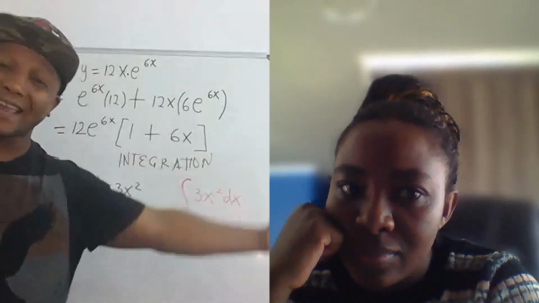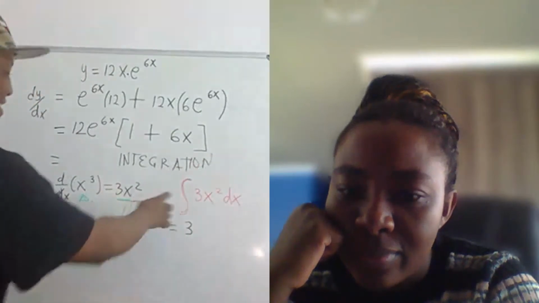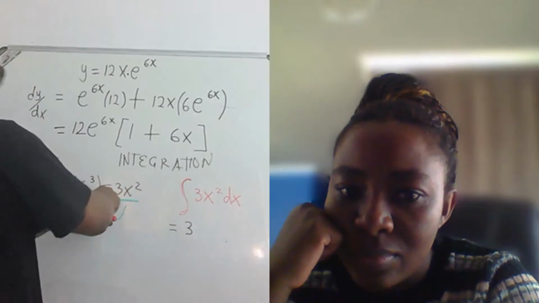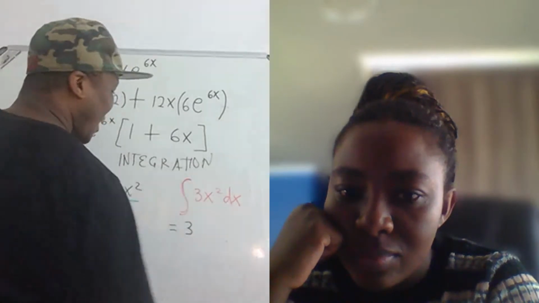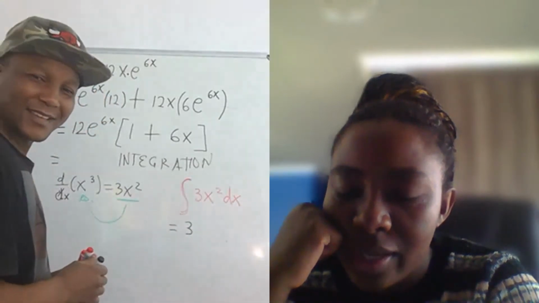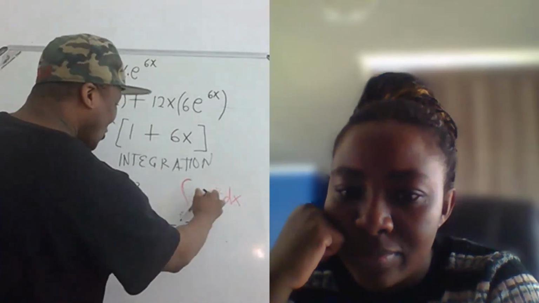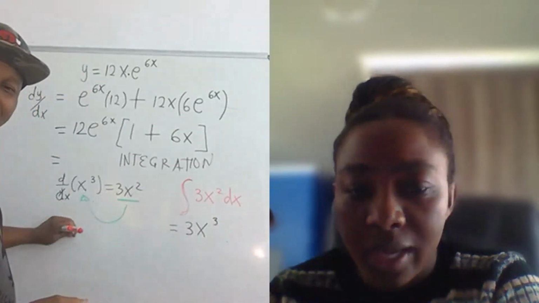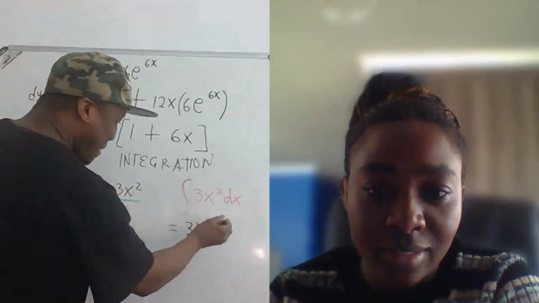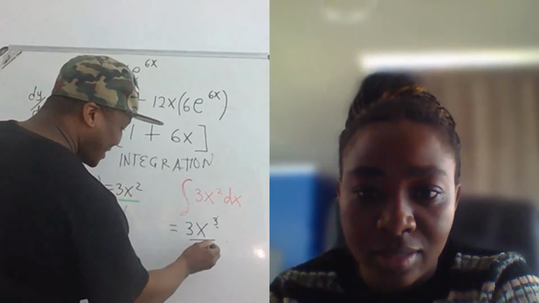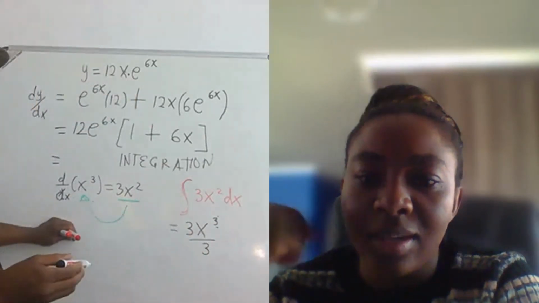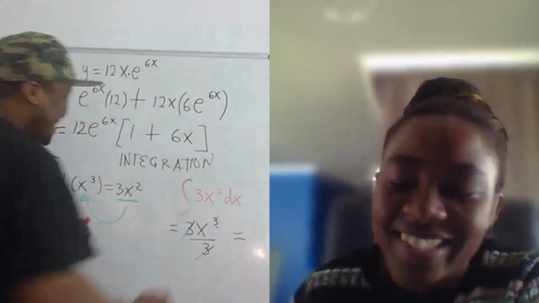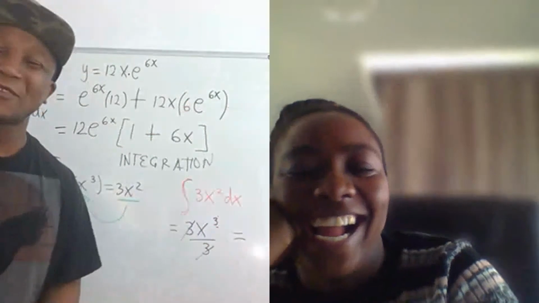But here you add, the reverse of what we did. So it's going to be x to the power 2 plus 1, which equals 3. And then the same number which is here, you divide by it. You see this number here, right at the bottom? So that it's going to go back to where it is. Yes!